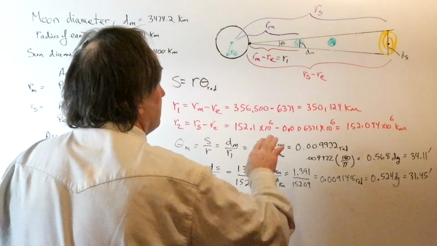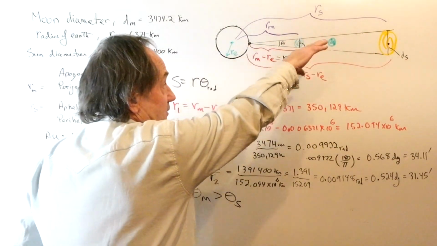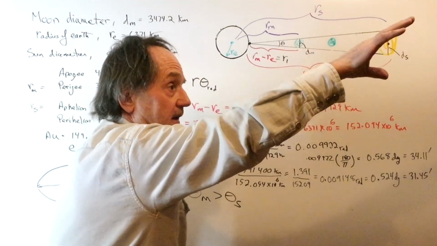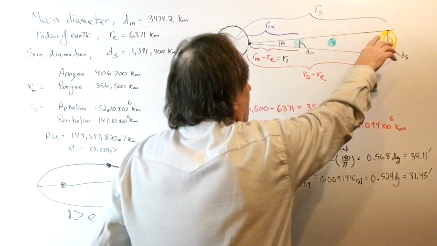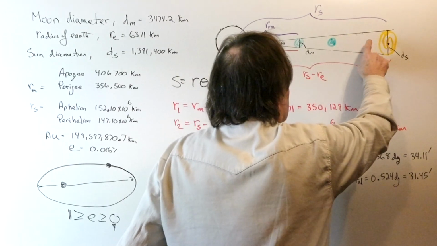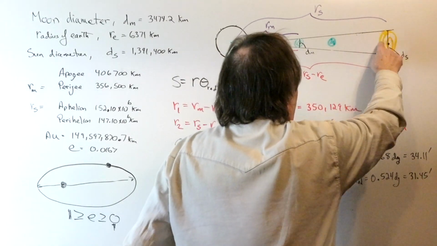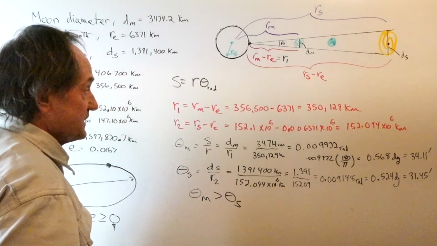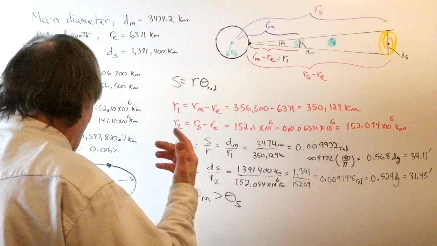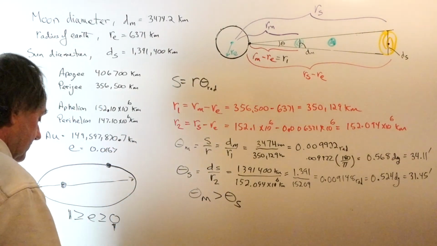The perceived angular size of the moon gets smaller and smaller, and it will get so small that it will no longer cover the sun. Let's figure out at what point that is going to occur.